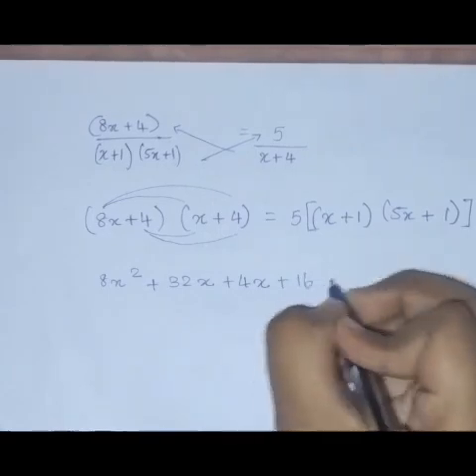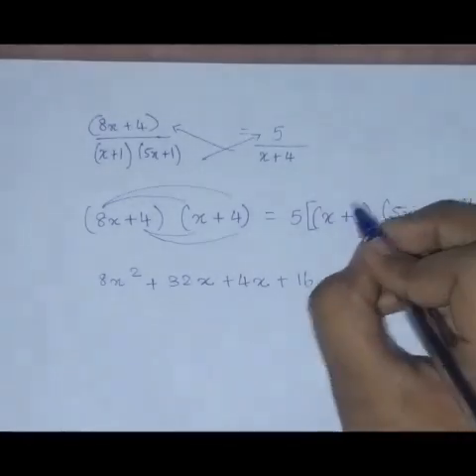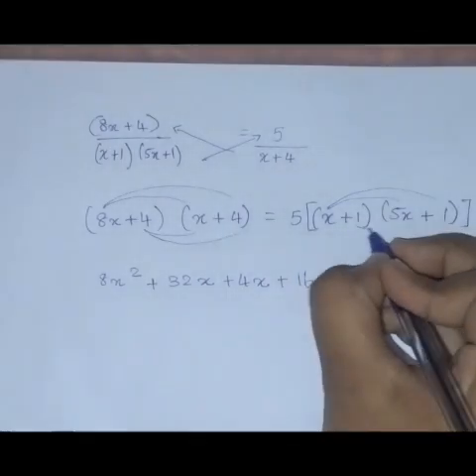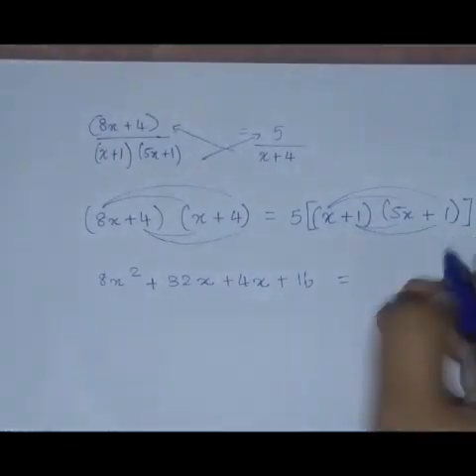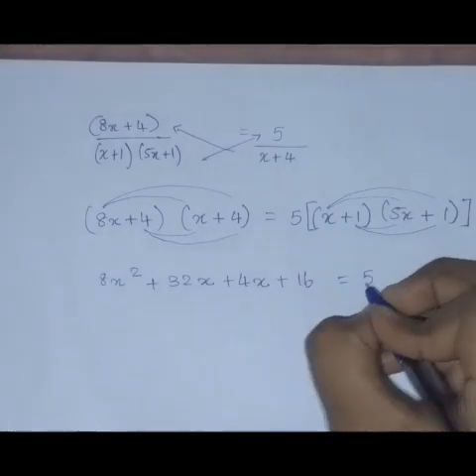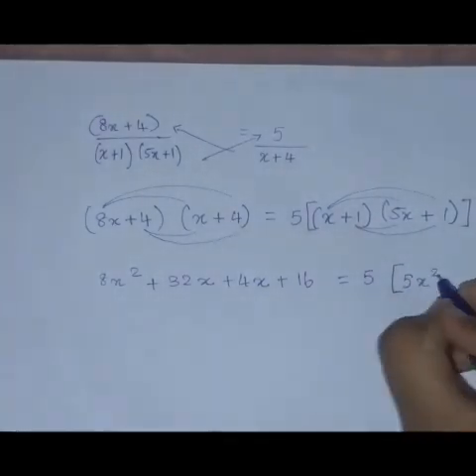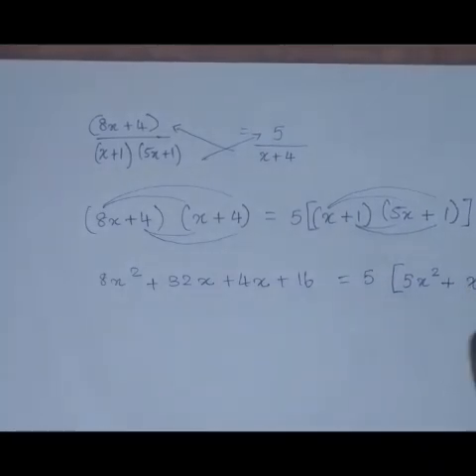Now in our right hand side, we need to multiply x into 5x and 1 into 5x and 1 into 1. So we are going with the inside bracket, and afterwards we need to multiply these with 5 as we are having 5 outside the bracket.